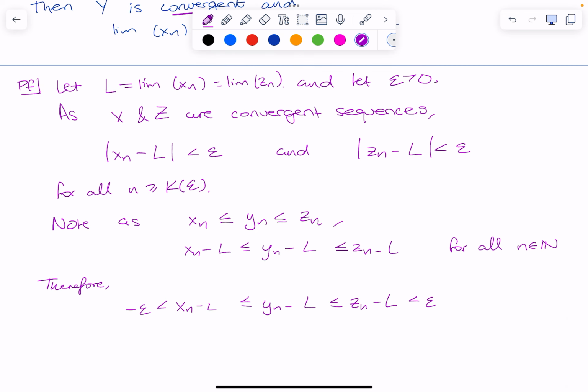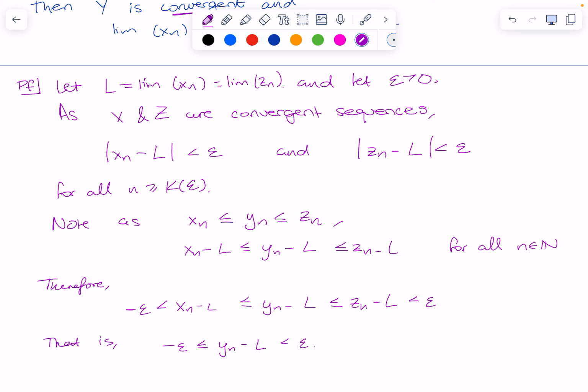So overall, negative epsilon is less than or equal to yn minus L, which is less than or equal to positive epsilon. Do you need to include that equal to? It's like strictly less than. Oh, yes, sorry.